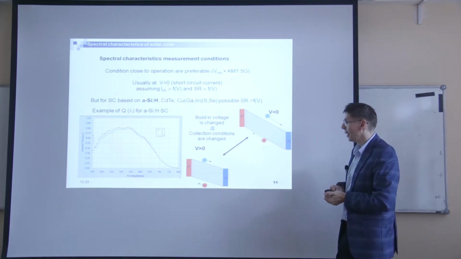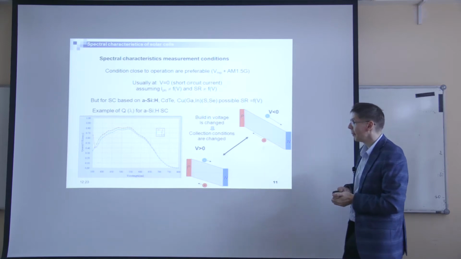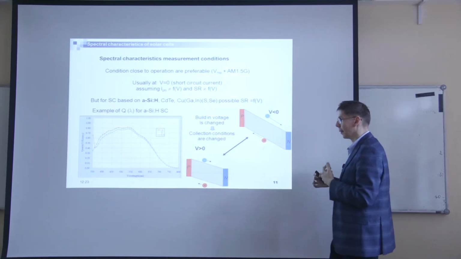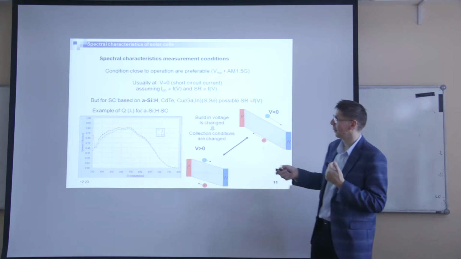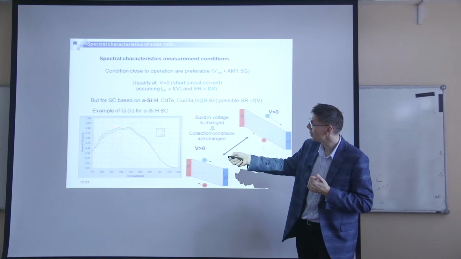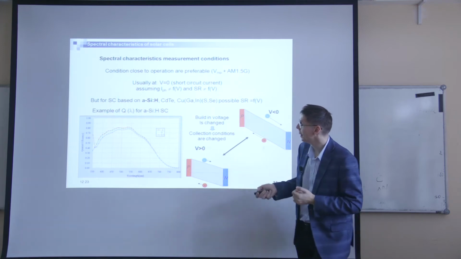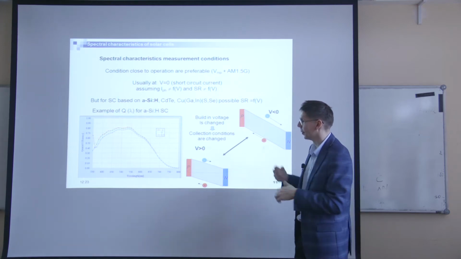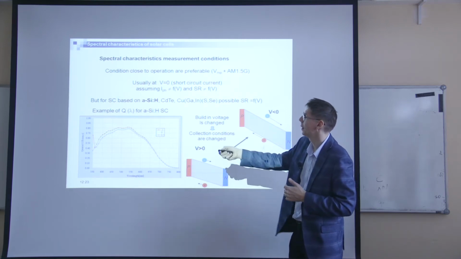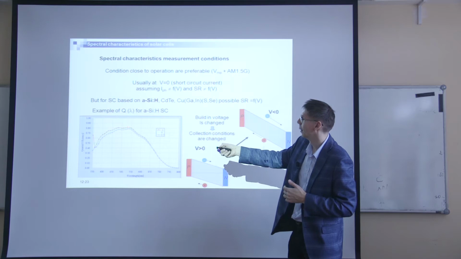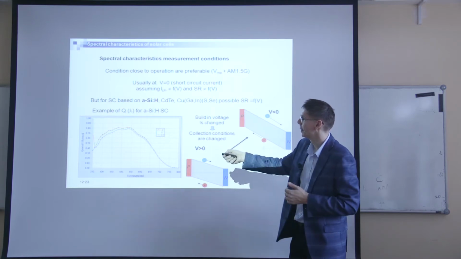And the way to characterize them, to get some ideas about this recombination, is to try to measure the quantum efficiency at different voltage. So you see here there are some results of the measurement of the quantum efficiency at reverse bias.